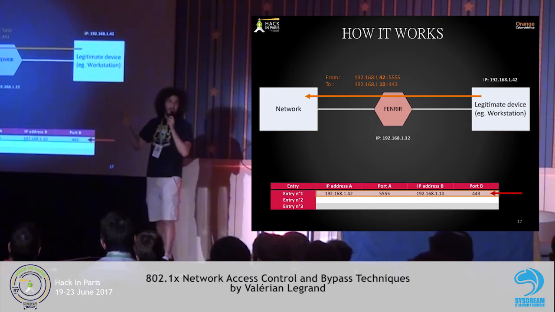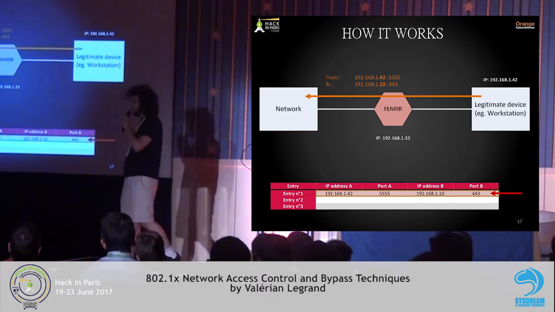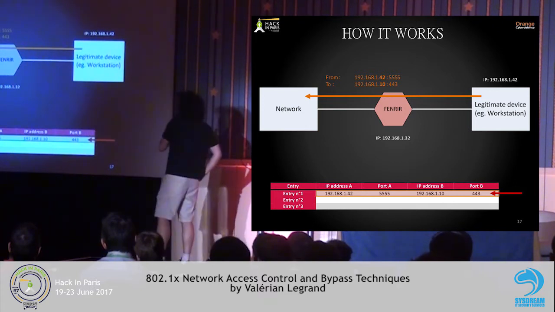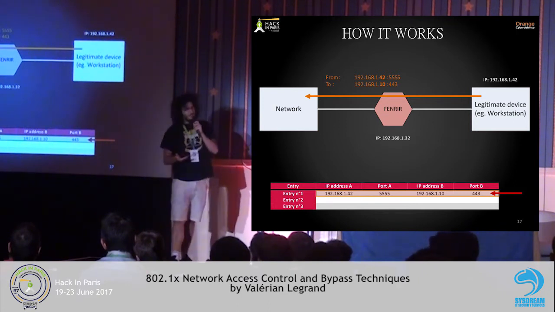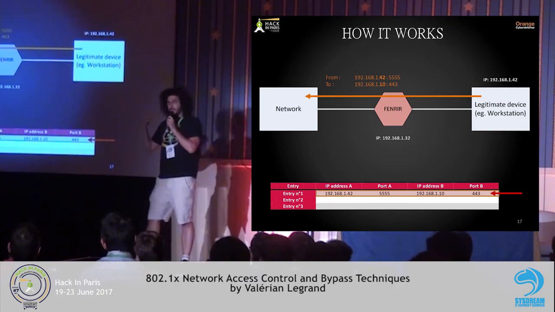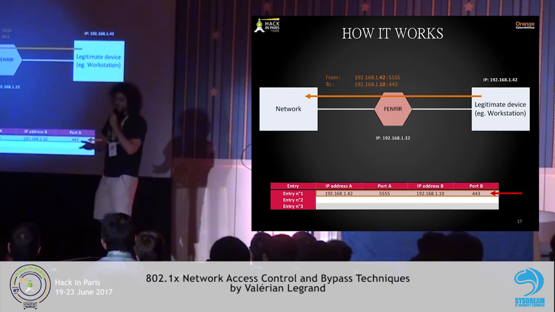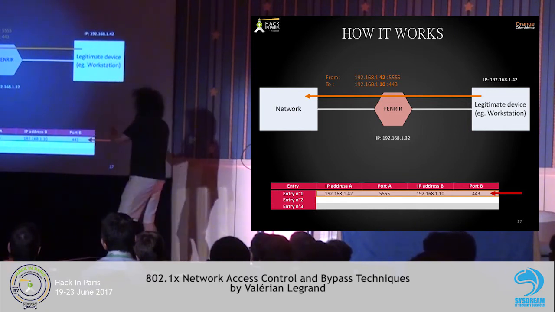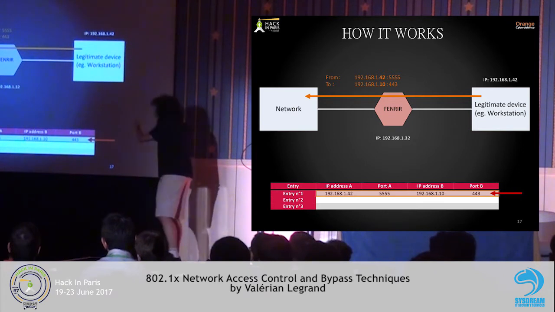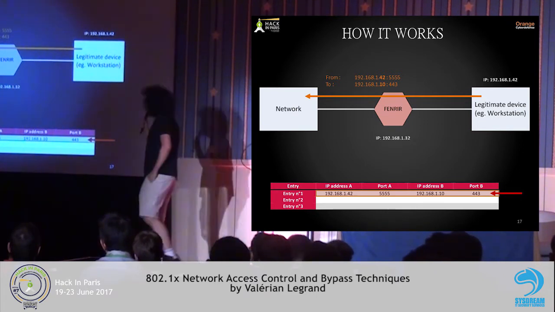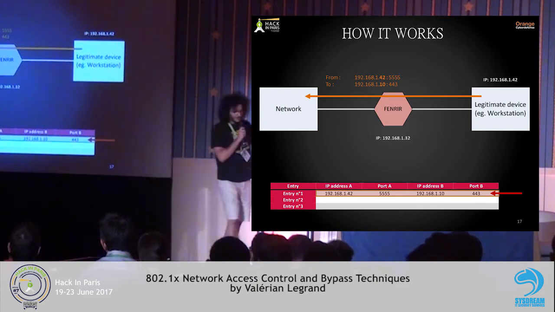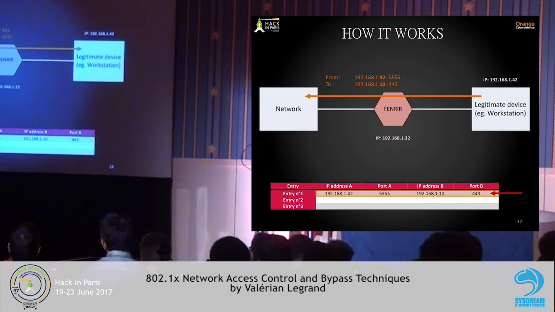We don't need to do anything. The IP address is already the good one. MAC addresses also. Fenrir will just take a look at the frame and store inside an internal table several pieces of information, such as the source IP address, the destination IP address, and source and destination ports. We will see in a few seconds why. The answers come back.